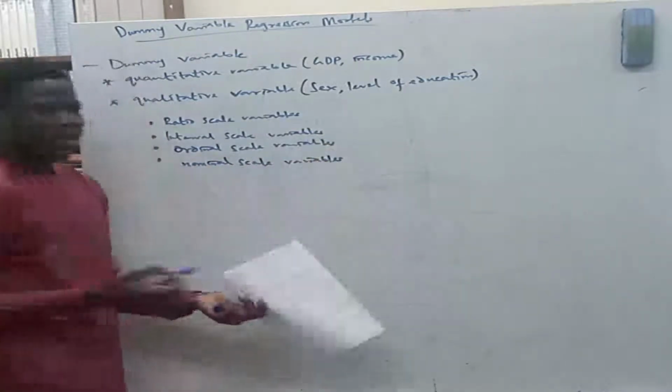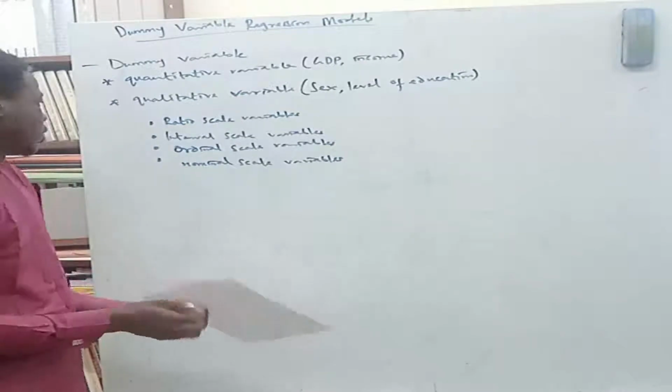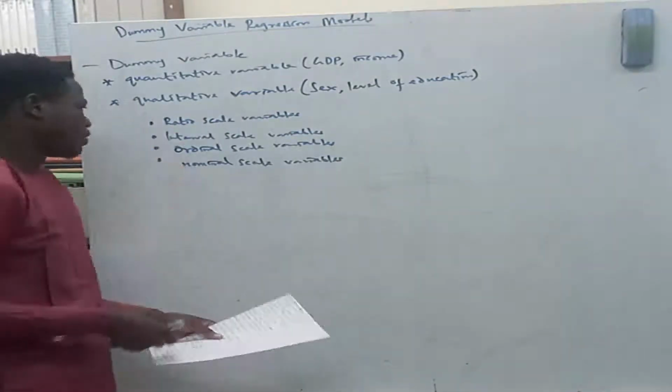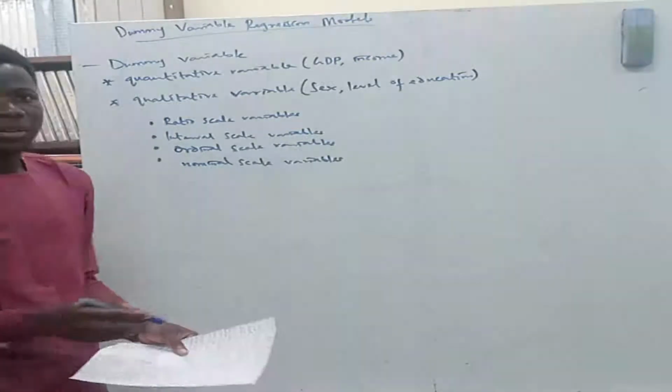Now, what are these variables? What are the ratio, interval, ordinal, and nominal scale variables?